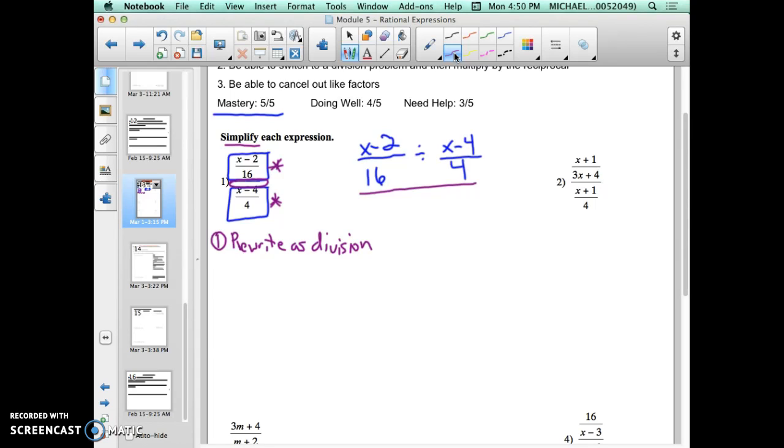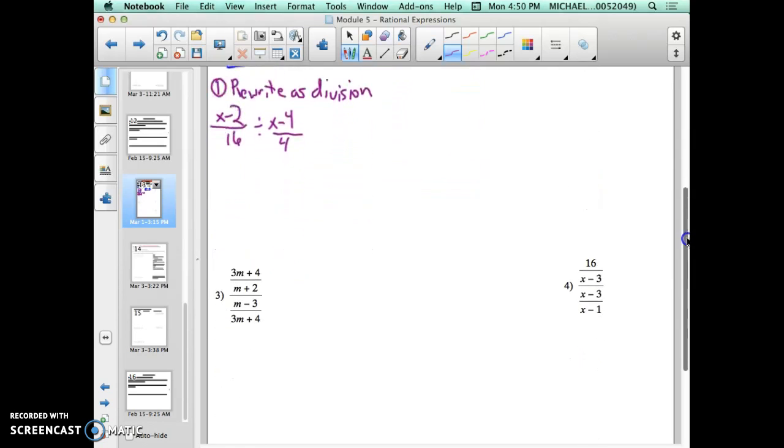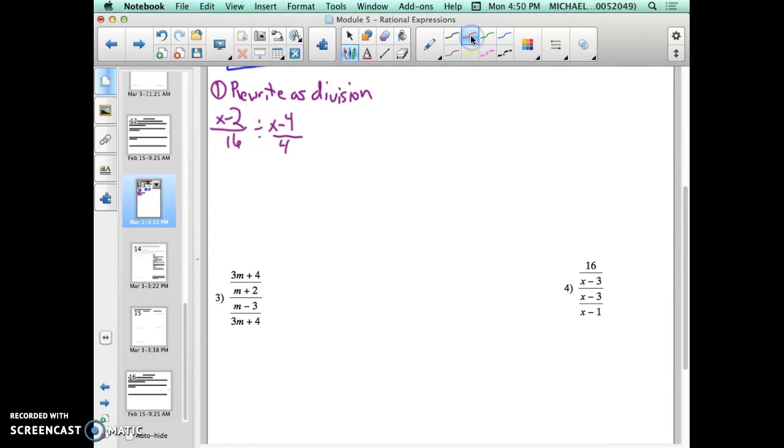I did that up here already. x minus 2 over 16 divided by x minus 4 over 4. All right, I rewrote as division. Now, with any division problem, this division tells me I need to do my second step, multiply by reciprocal.